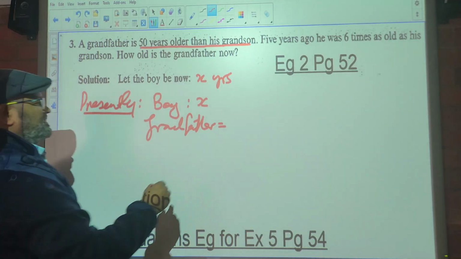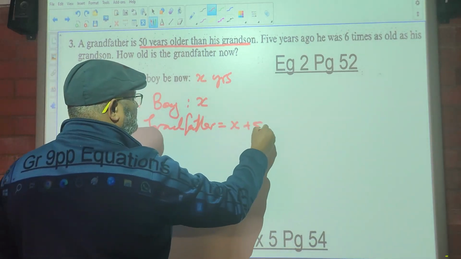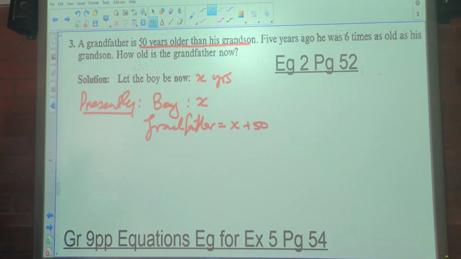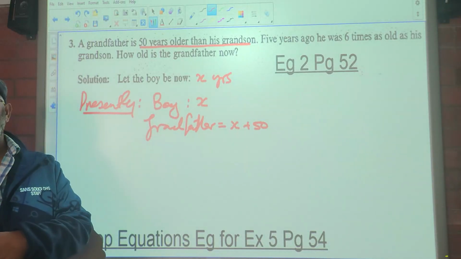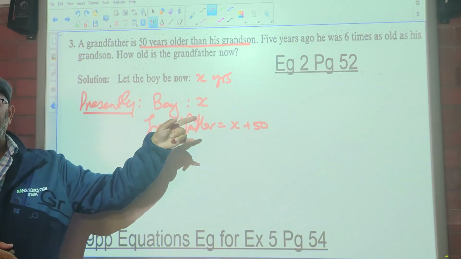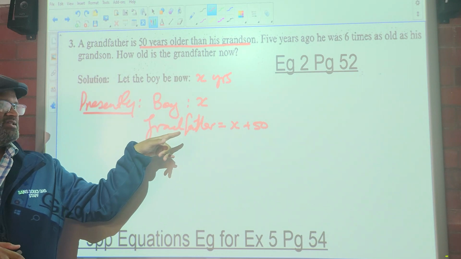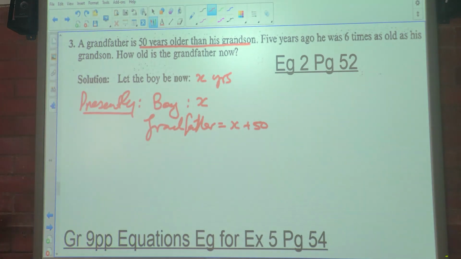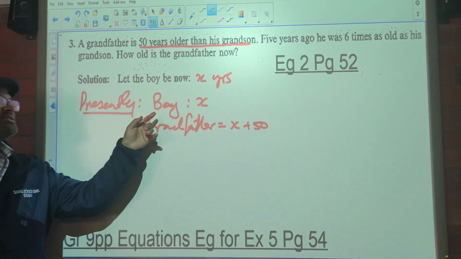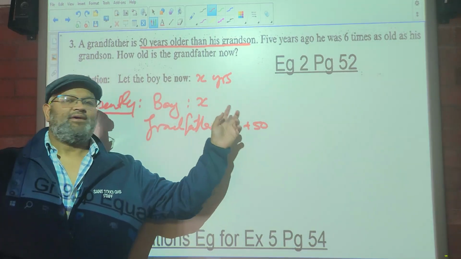X plus 50. So if the boy is 5 years old now, how old is the grandfather? 55. If the boy is 50 years old, the grandfather will be 100, no? If he's still alive. Okay. But you guys have to get the idea. So the boy is X, the grandfather will be X plus 50.